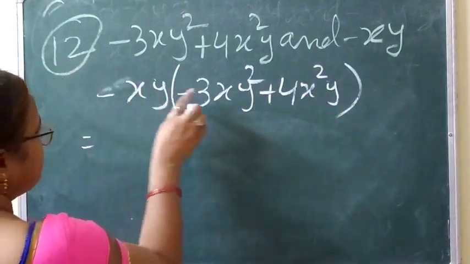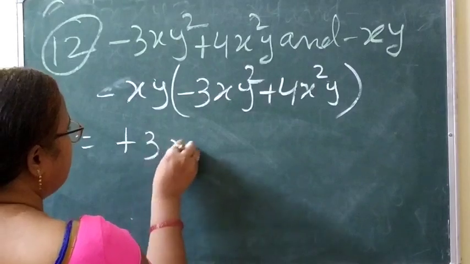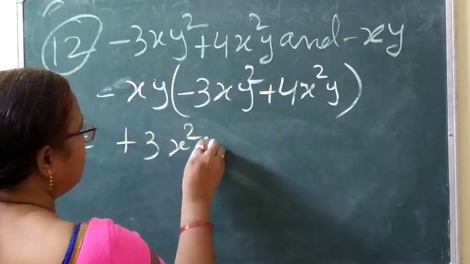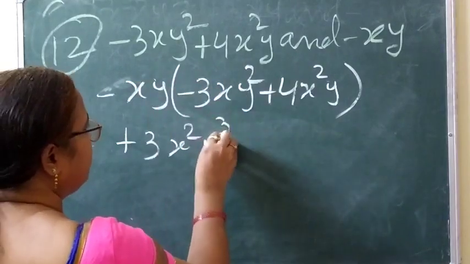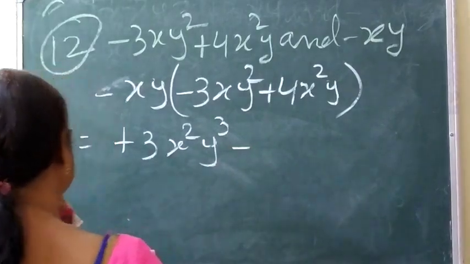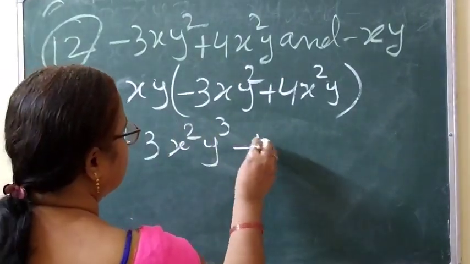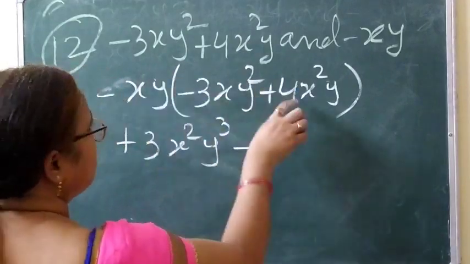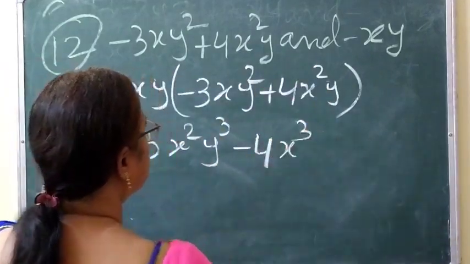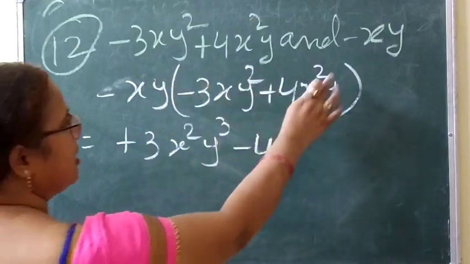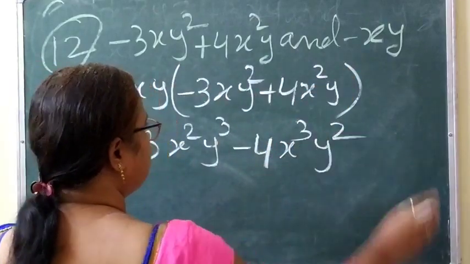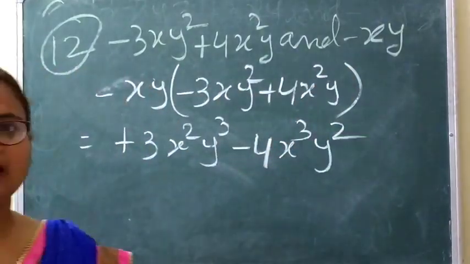Now solve it. Minus into minus, plus 3, 1 and 1, 2, then 1 and 2, 3. Then again minus into plus, minus, then 4, x1, x2 means x to the power 3, y1, y1, so y to the power 2. And this is the answer.